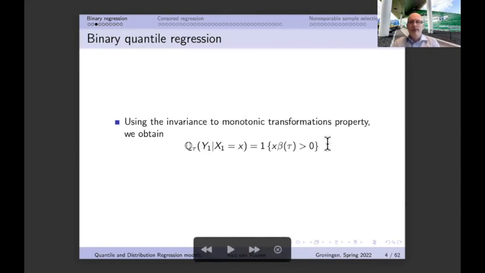And this is an extremely nice representation, because you should realize that what we have here at the left hand side is something that is identified. We should realize that both y1 and x1 are observed. So the quantiles of this thing that we have over here are identified. So at the left hand side we have something which is identified. And then at the right hand side what we actually have is beta tau.